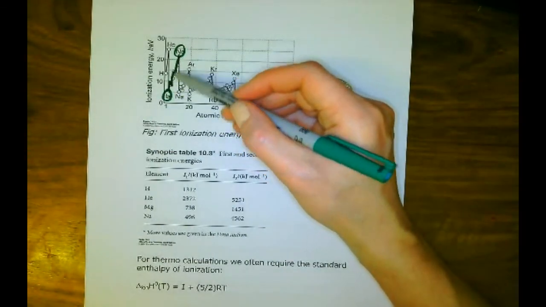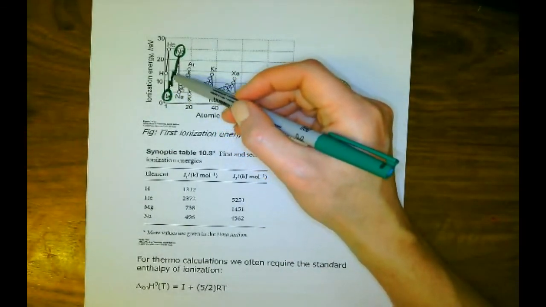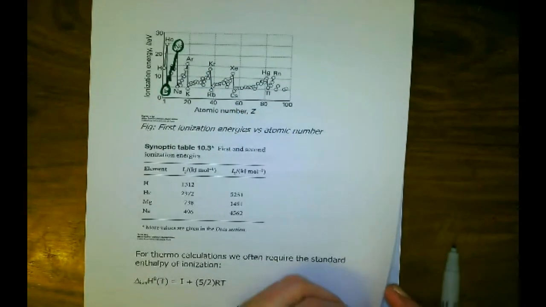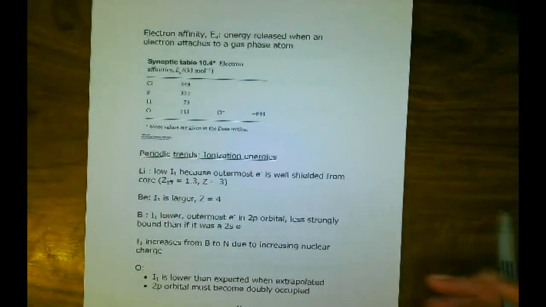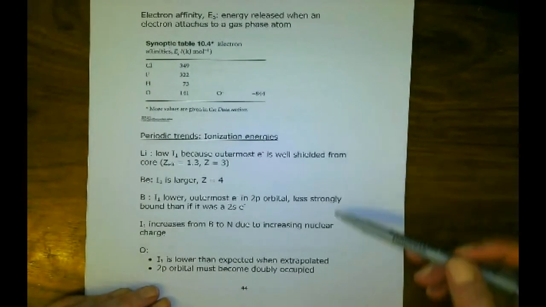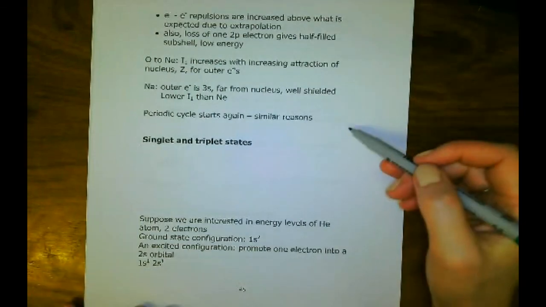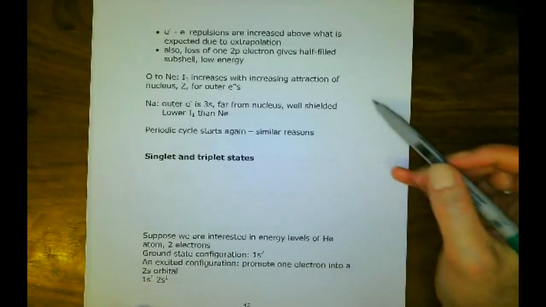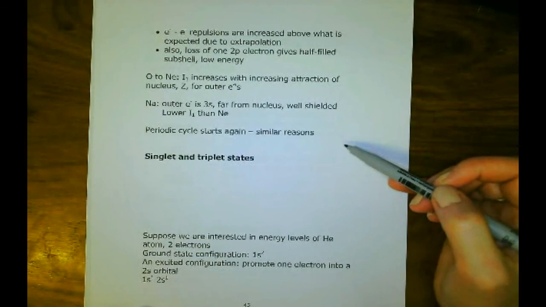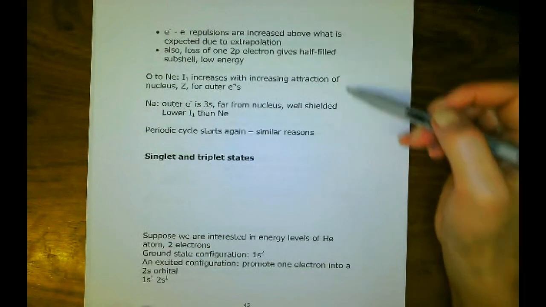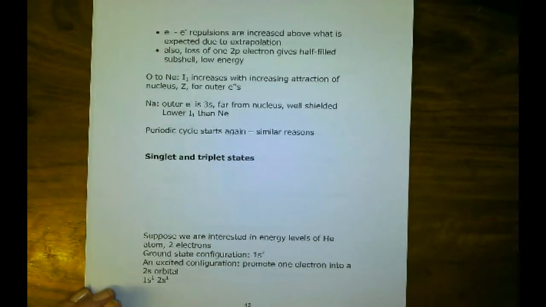You should be able to explain why it increases and why it sometimes drops and why there's a general increase, etc. And all of this is given in your notes in a lot of detail. You have done this in many other courses, in first year courses, so you should not have any problems. The textbook describes it in a lot of detail, but you should be able to explain this in detail.